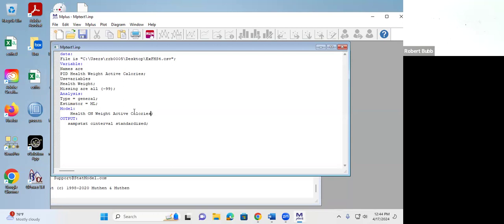But just note that all your predictors are going to be on the right side of that model, because again, we're taking our outcome variable, regressing it onto our multiple predictors with active and then calories. All right, do make sure that your spelling is the same as the spelling up here under the variable name. They have to be the same, otherwise it's not going to read it. Easiest way to do it is if you just highlight and copy and paste it. Then there's no doubt.